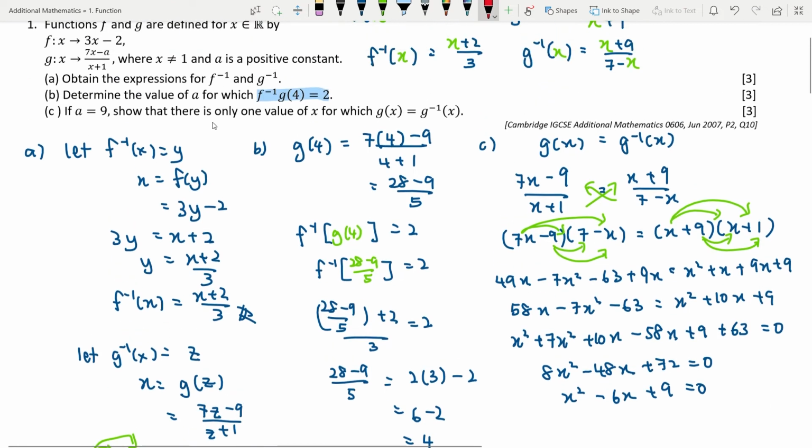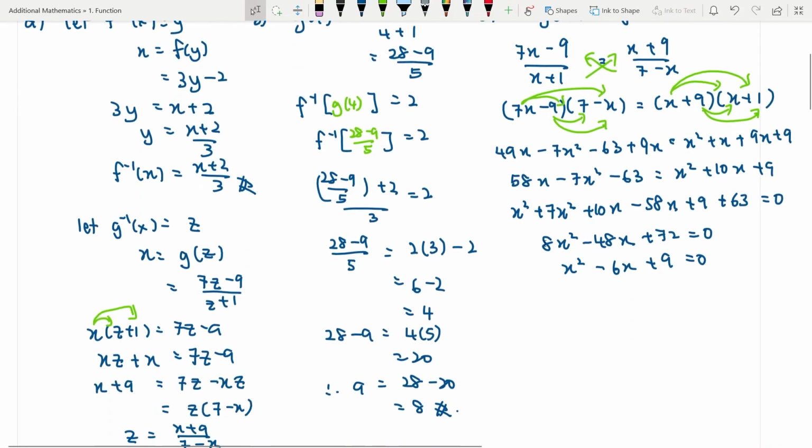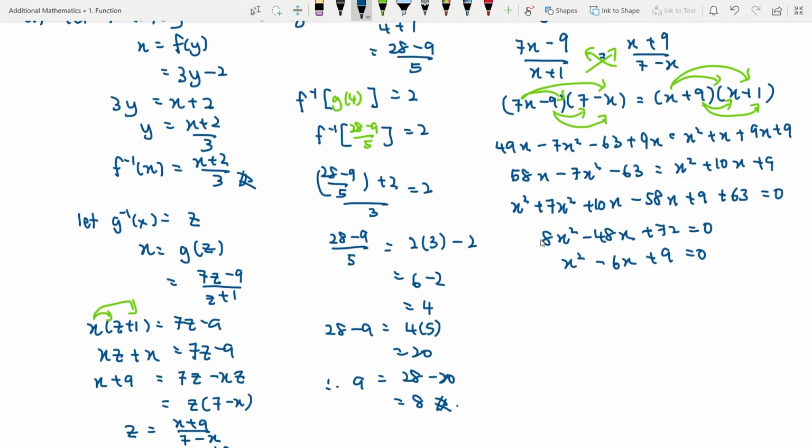So we need to show that there's only one value of x for this condition. In order to do that, we need to find the discriminant, b squared minus 4ac. Here, our a is equal to 1, b is equal to negative 6, and c is equal to 9. b squared is negative 6 squared minus 4 times 1 times 9.